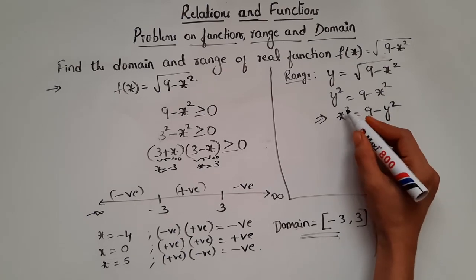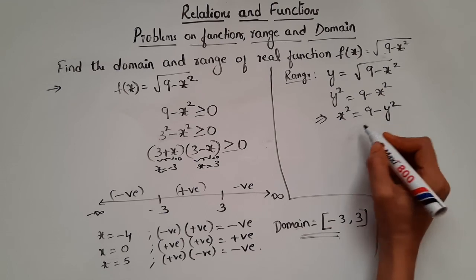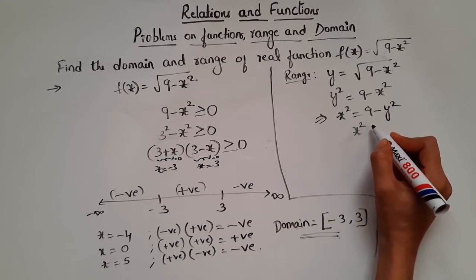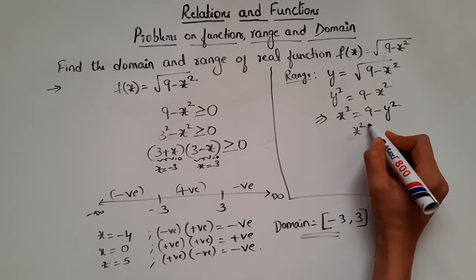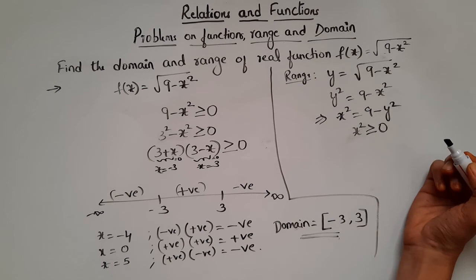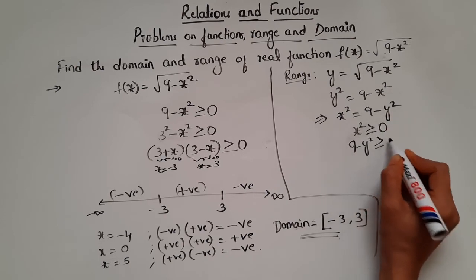Any number squared will give you a positive value. That means x square is always greater than or equal to 0, which means 9 minus y square is also greater than or equal to 0.